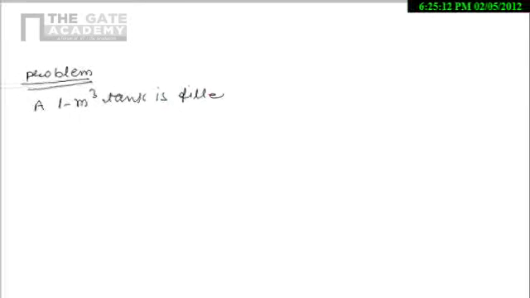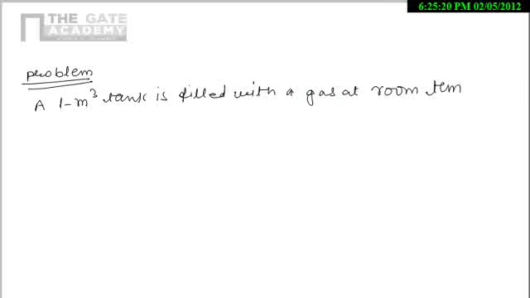Now let's take a problem which is based on the perfect gas equation. So I am just writing the problem first. A 1 meter cube tank is filled with a gas at room temperature 20 degrees centigrade and pressure 100 kilopascal.